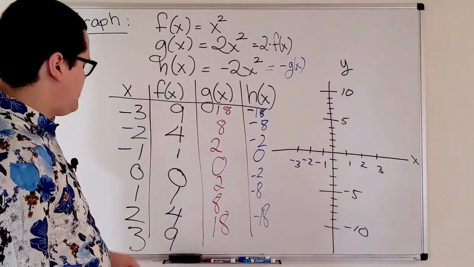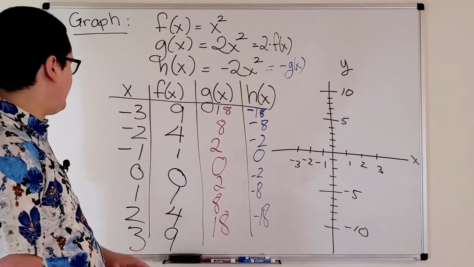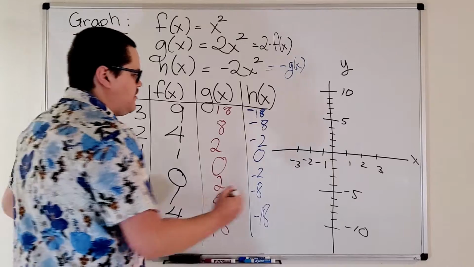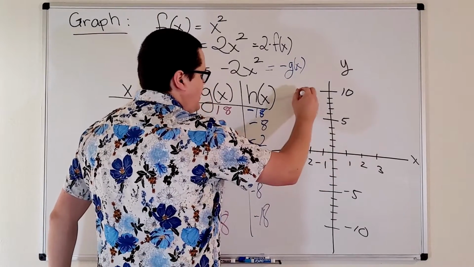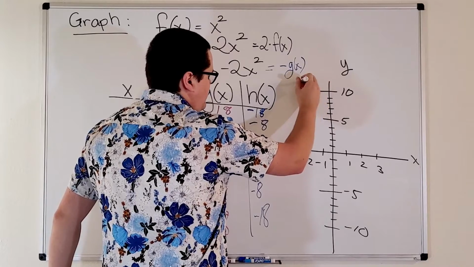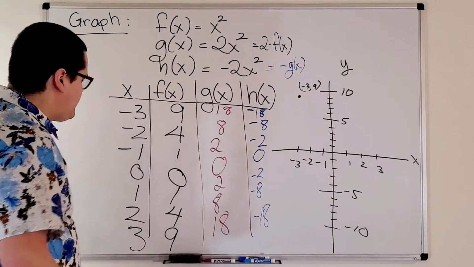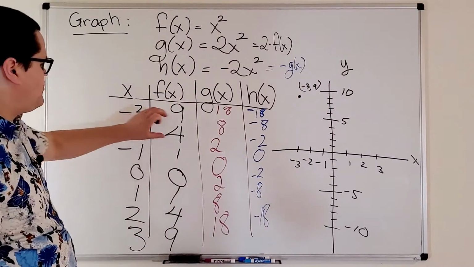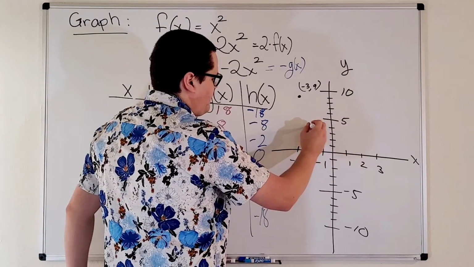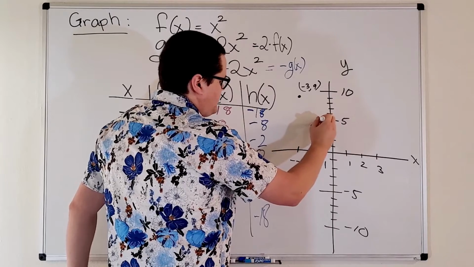So the first point on the graph of f of x is negative 3 comma positive 9. Left 3, up 9. That's about here. Second one is negative 2, positive 4. Left 2, up 4. I'd say that's about there.